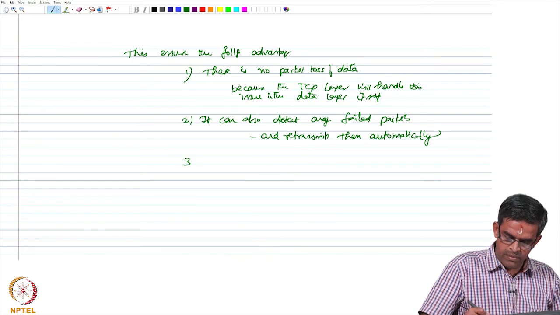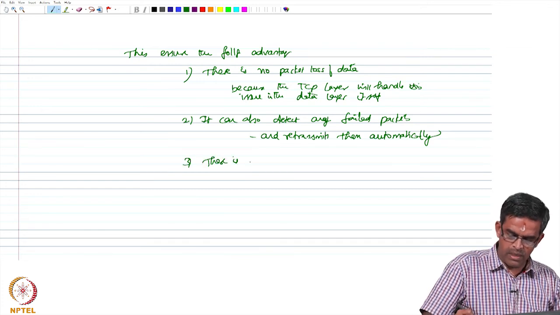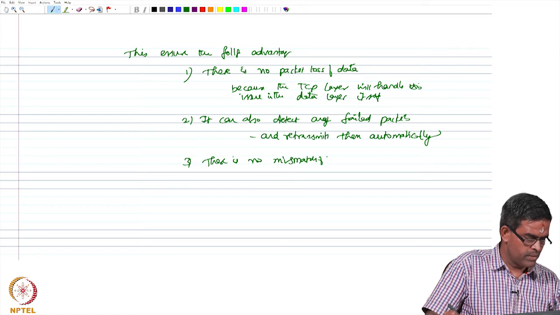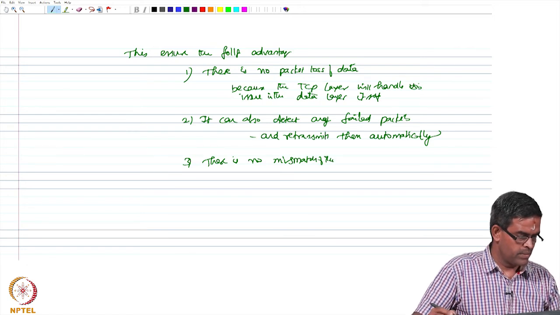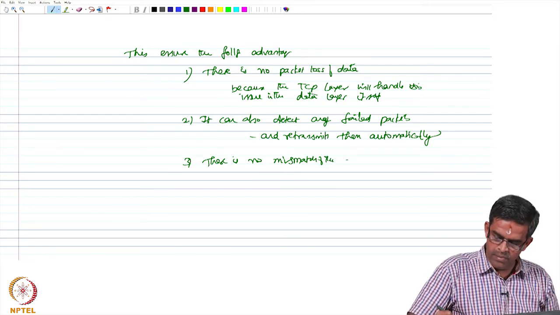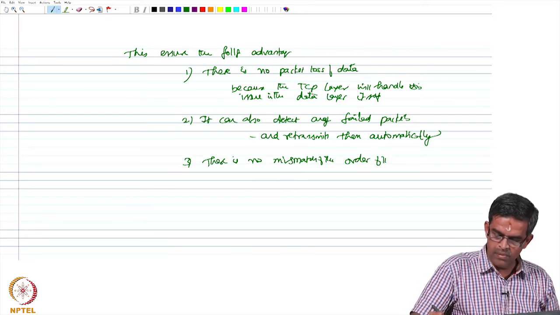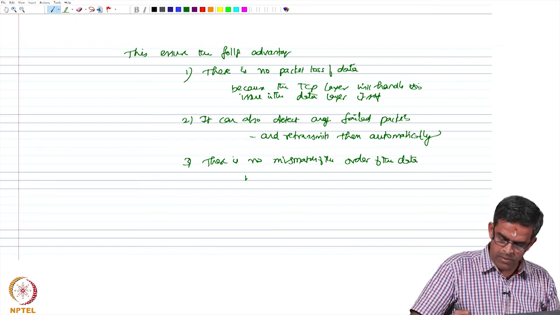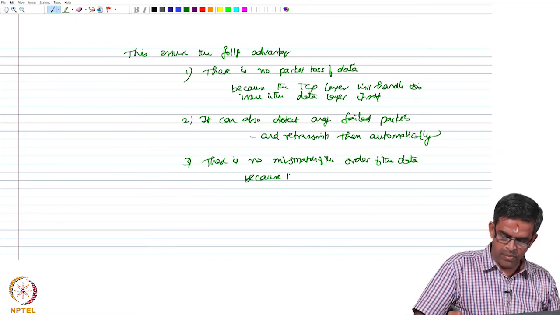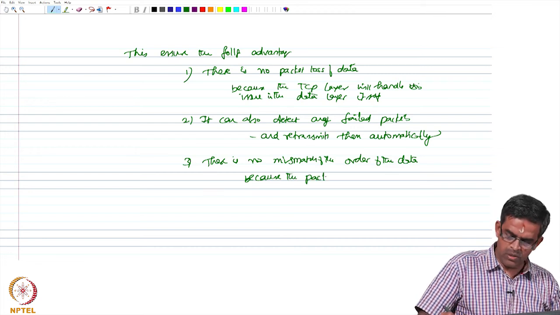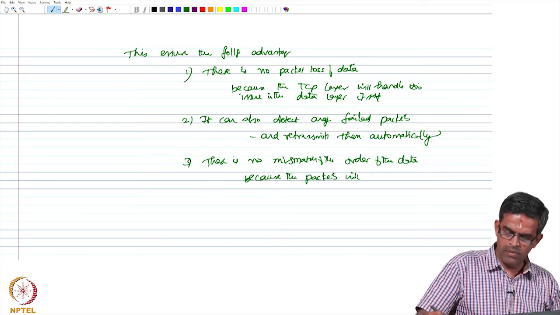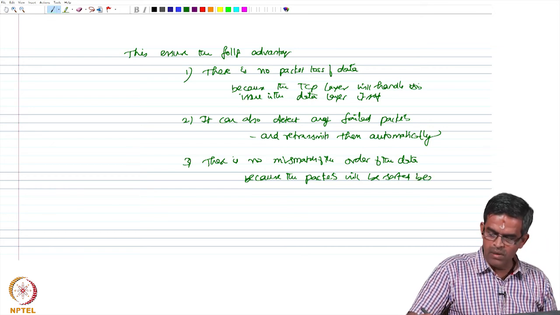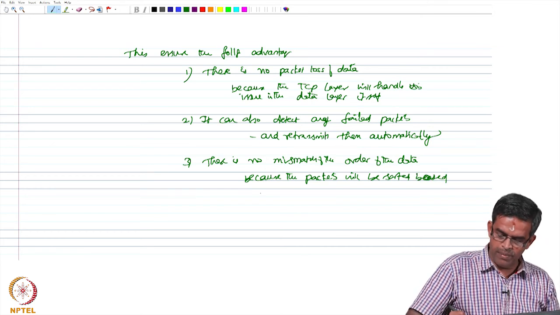However, there is no mismatch of the data because the packets will be sorted based on the header information.